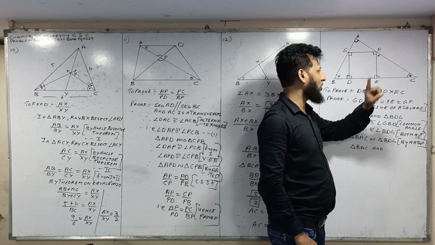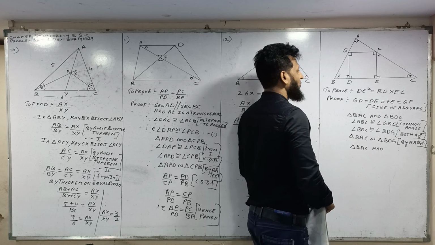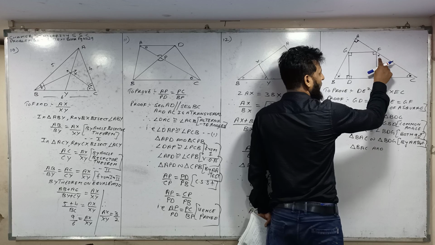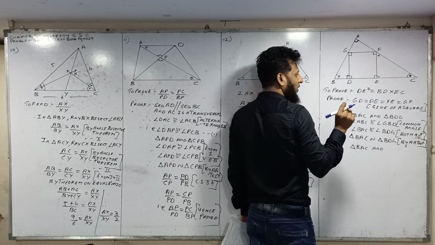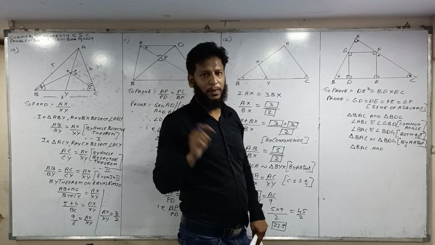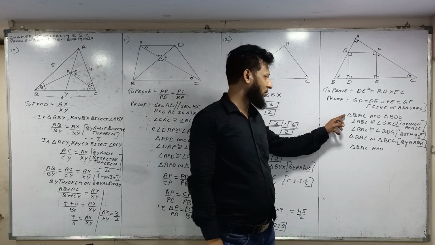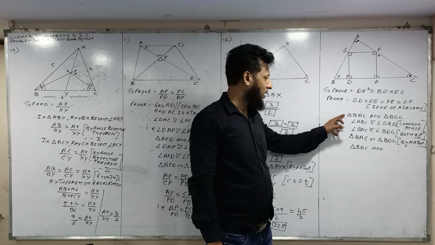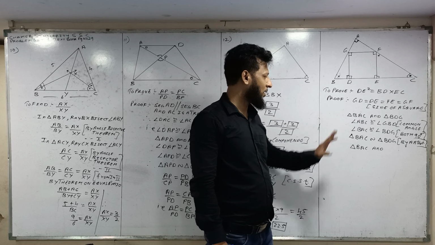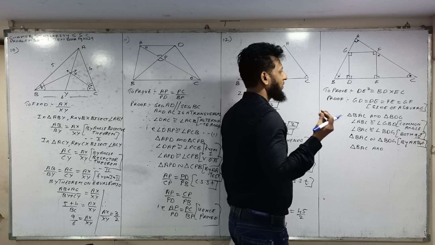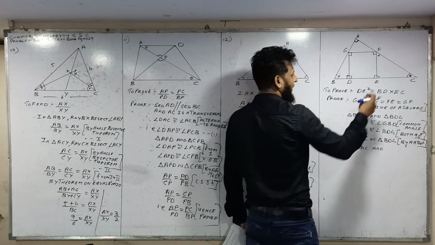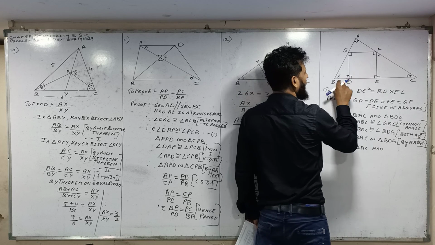When you give the name, start from the third angle, go to 90 degree, then go to the common angle. Given the name in proper order, we do not have to change the name of this triangle BAC, so I am keeping the name BAC as it is. I am using the sign, with the help of the sign I am giving the name to this triangle.